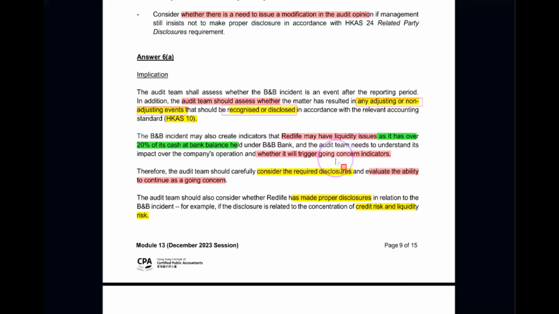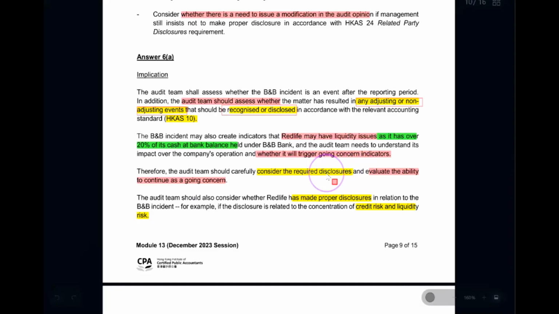A going concern problem is a high risk of material misstatement. Okay? So by identifying a going concern issue, it means you identify the implication or identify the risk of material misstatement on your client. And then you will need to consider the required disclosure.